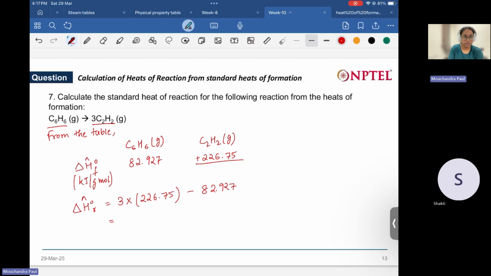So you should get, which I also got in my calculator, 597.32 kilojoule per gram mole. So in this way, you can use the table to calculate the standard heat of the reaction.